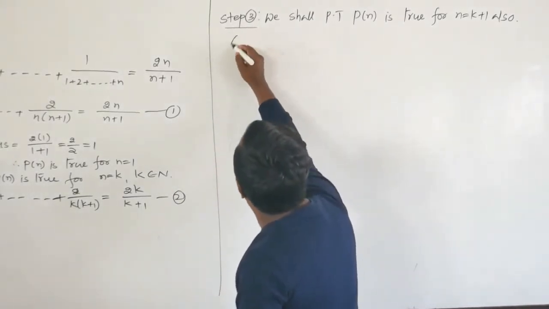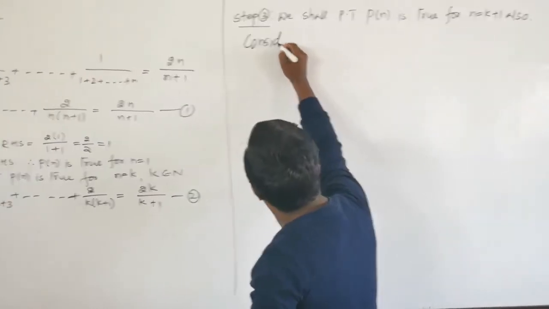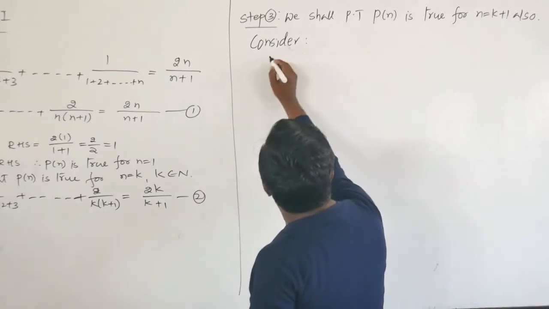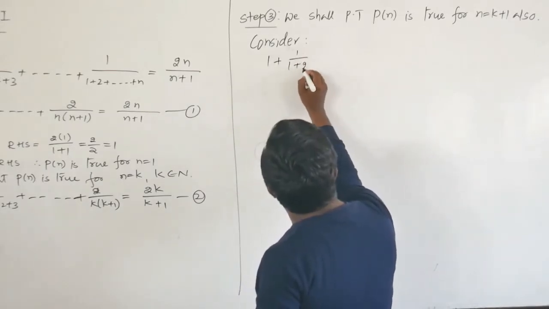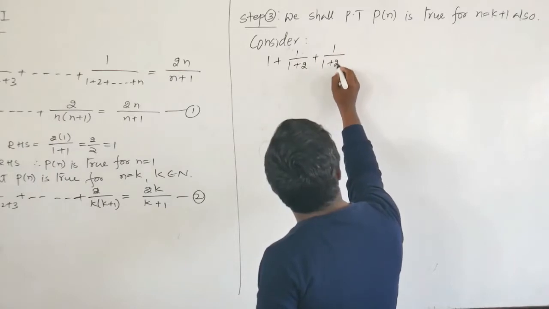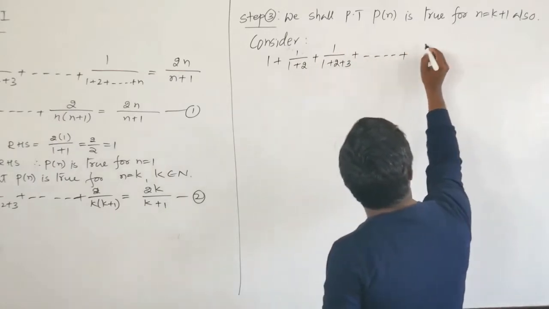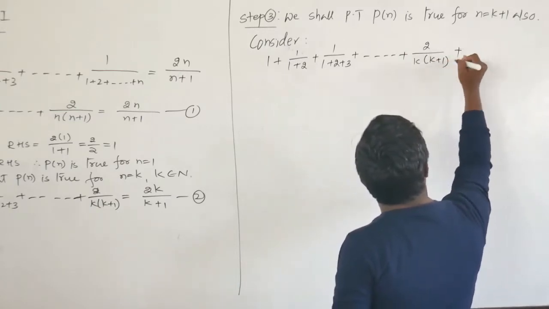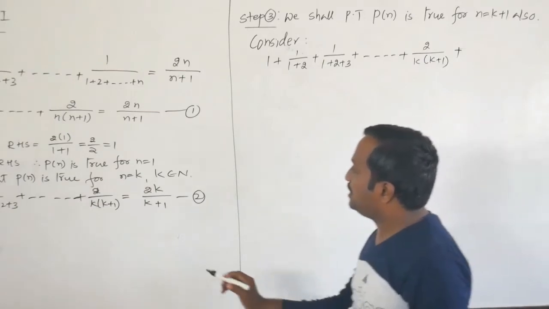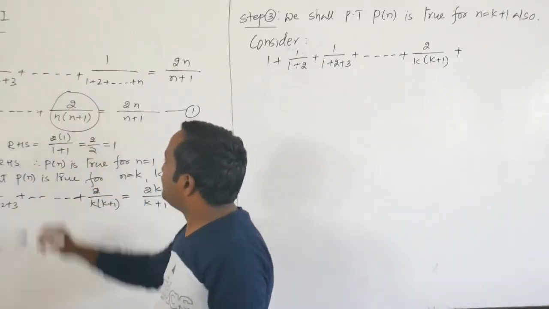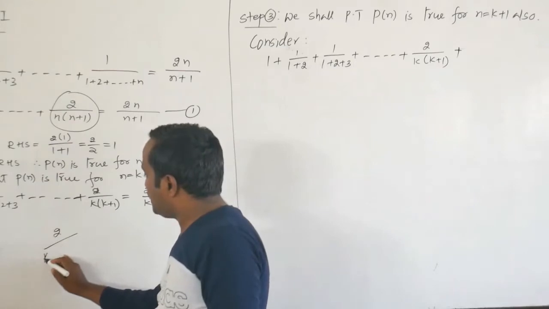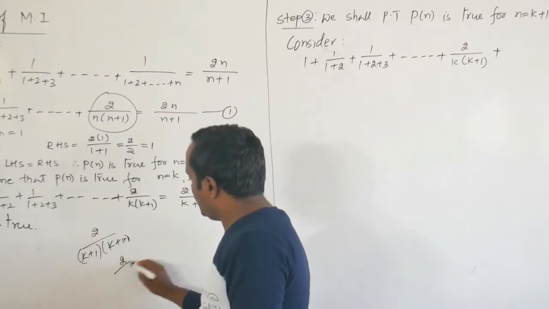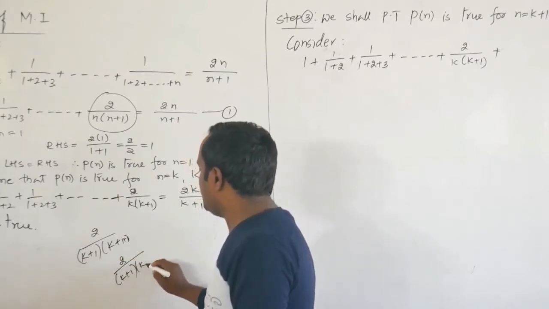Now consider the first terms 1 plus 1 by 1 plus 2 plus 1 by 1 plus 2 plus 3 and so on plus 2 by k into k plus 1, plus the next term. What should come? This is the kth term. The next term, if it is k, then k plus 1 comes; k plus 1 plus 1, that is 2 by k plus 1 into k plus 2.